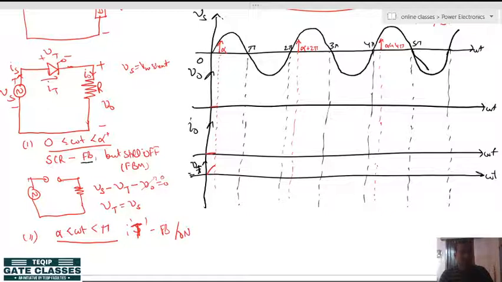Why? Because at the alpha instant you are providing the gate triggering pulse to the thyristor. Again, we are assuming that the thyristor takes no time to turn on, that thyristors are ideal. As soon as they get the gate pulse, there is no time lag, they will immediately turn on.